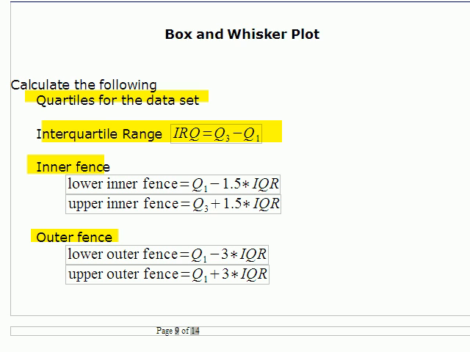For the inner fence, you take Q1 and you subtract 1.5 times the interquartile range. And for the upper boundary of the inner fence, you take Q3, which is your highest quartile, and you add 1.5 times the interquartile range. That gives you an inner fence. For the outer fence, you do the same thing, but you use 3 times the interquartile range.